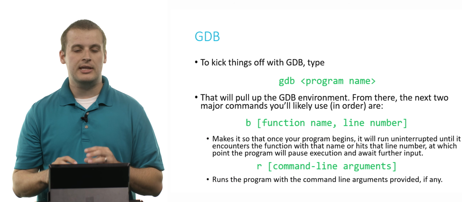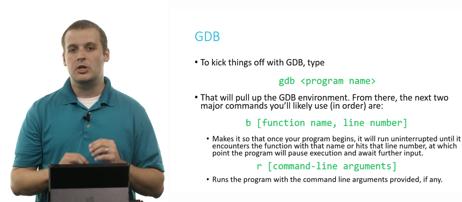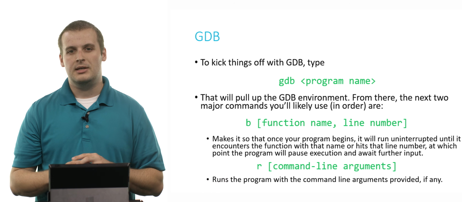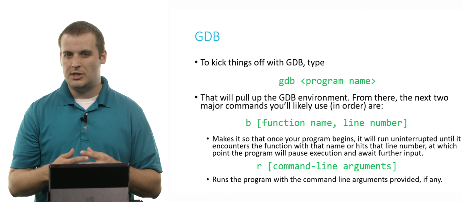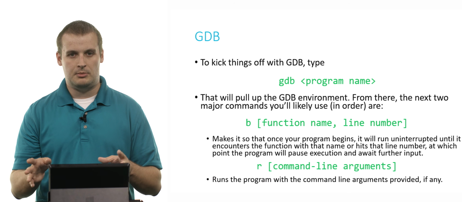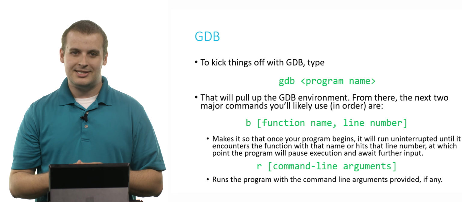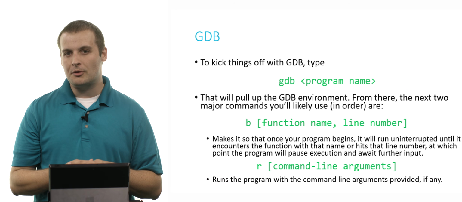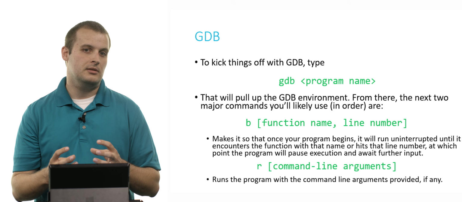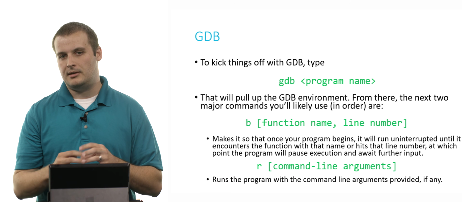This is a really good thing, because once execution has been frozen, you can begin to very slowly step through your program. Typically, if you've been running your programs, they're pretty short. Usually you type ./ whatever the name of your program is, hit enter, and before you can blink, your program is already finished. It's not really a lot of time to try and figure out what's going wrong. So it really helps people to slow things down by setting a breakpoint with b and then stepping in.